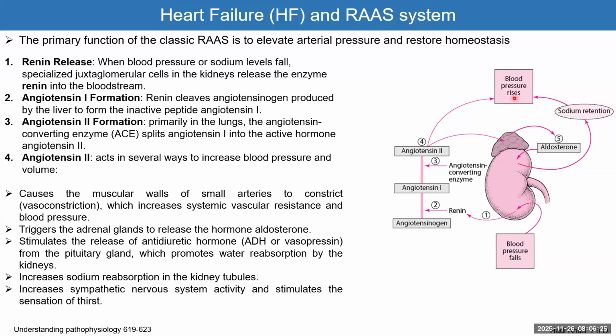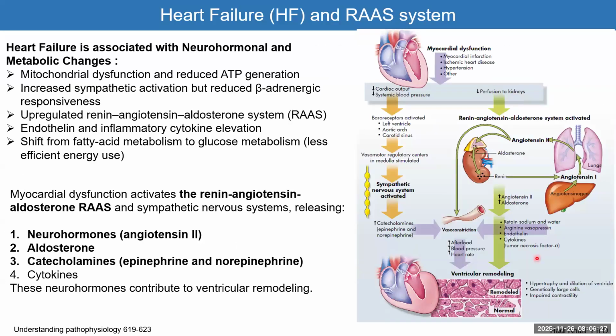Okay, there's other things. So if I go back now, that drop in the blood pressure is detected by the kidney. The kidney is going to generate renin. Renin is going to affect the angiotensinogen that is generated in the liver to become angiotensin 1, that when it's circulating and reaches the lung, by the angiotensin converting enzyme, ACE, it becomes angiotensin 2.